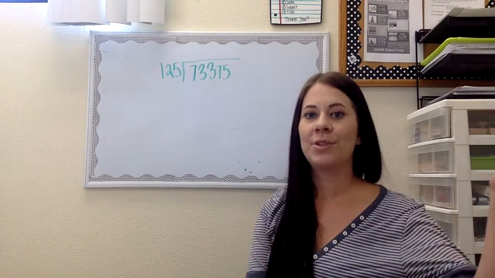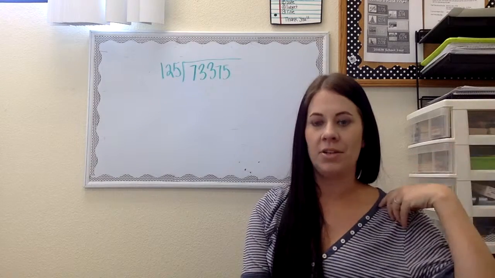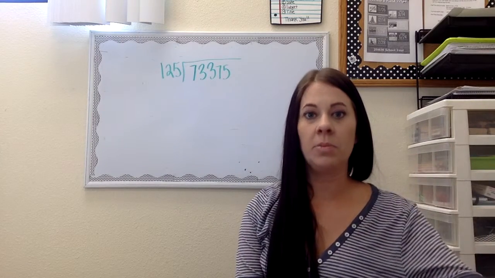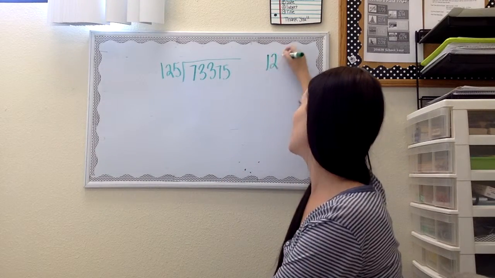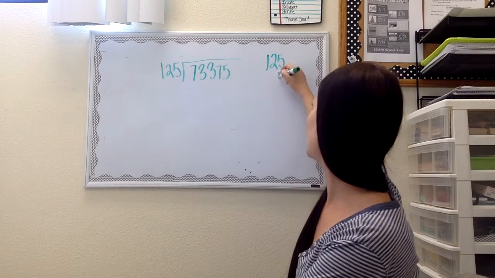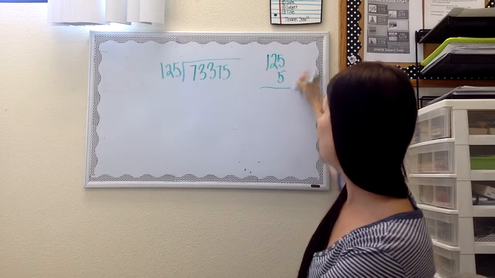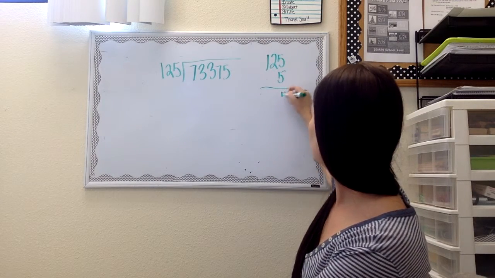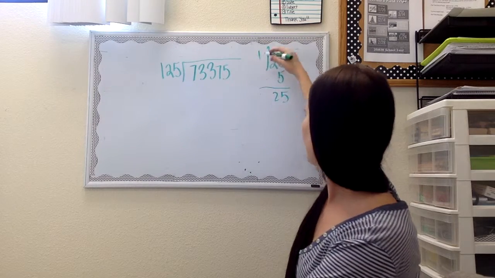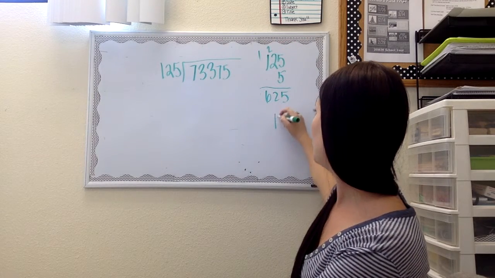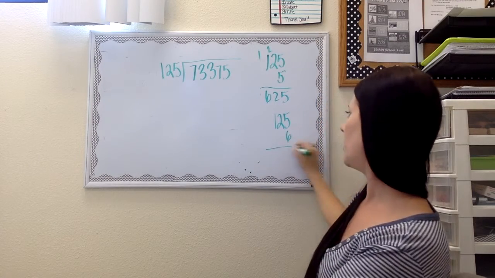Now, I know 100 times 7 is 700. So 7 is going to be too big of a number. So I'm going to try 5 and then maybe try 6, depending on how this works out. So let's try 5. So 5 times 5 is 25. Now I'm going to try 6 and see if it puts me over.